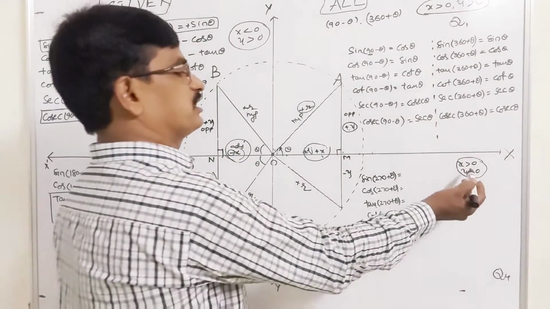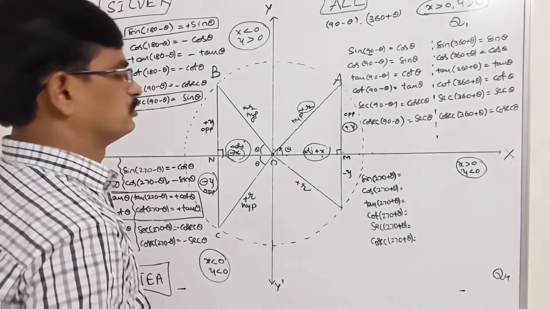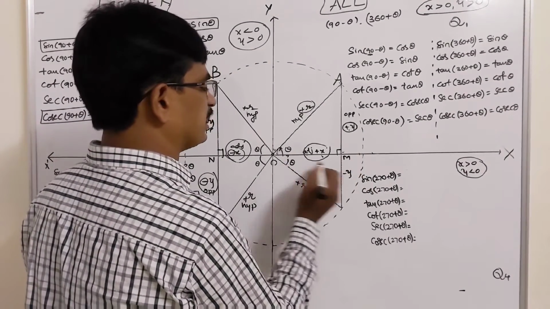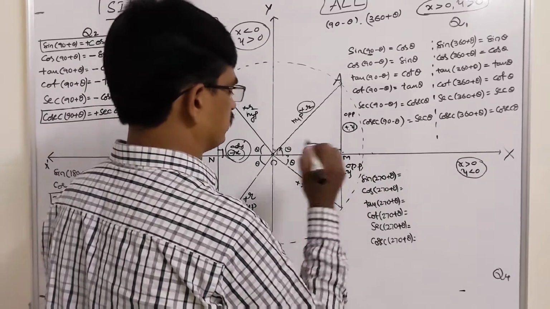Now observe here, x is greater than 0 and y is less than 0. So x is the adjacent side, y is the opposite side.